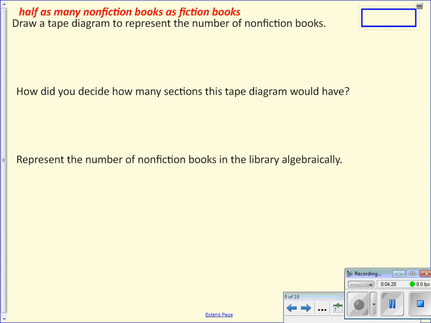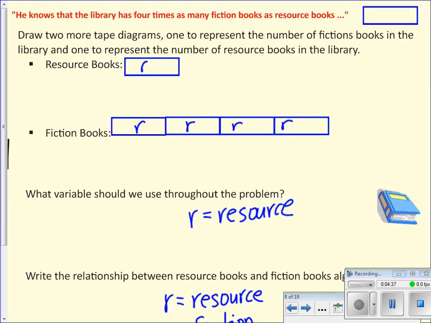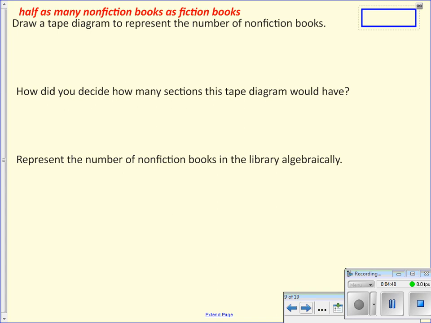So now let's figure out the nonfiction. The problem tells us half as many nonfiction as fiction. So let's look at our picture for fiction, and we need half as many for nonfiction. So what am I going to draw? Now I'll draw 2 of them. And that's my nonfiction.